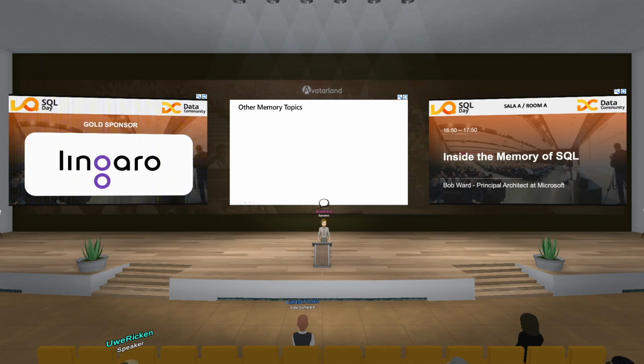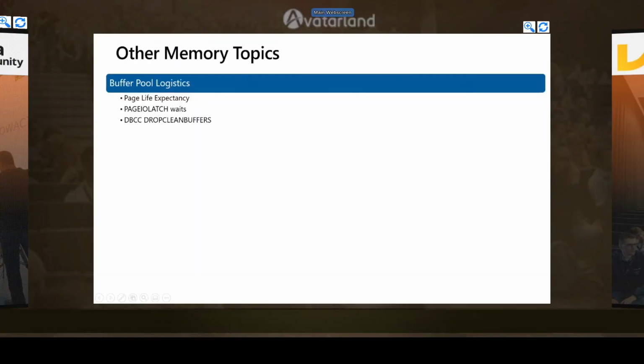So what about some other memory topics that I consider important to SQL Server? Number one is buffer pool. Page life expectancy is a formula that we use, and sometimes people think it's flawed, especially across NUMA nodes, but it's still pretty decent. What that really gives you is an indication of how long a page is expected to live in cache.